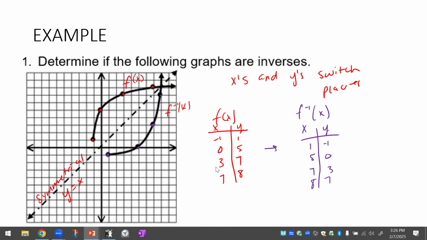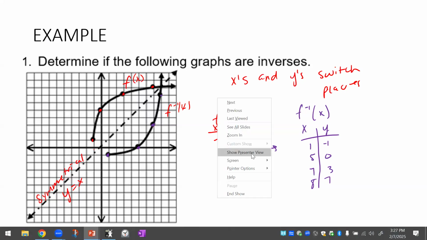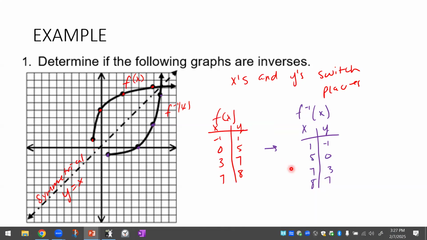So for example, if you look right here on your notes, we have this graph already drawn for us, and this graph has two functions. You have function f of x, and f of x is made up of these points: negative 1, 1; 0, 5; 3, 7; 7, 8.